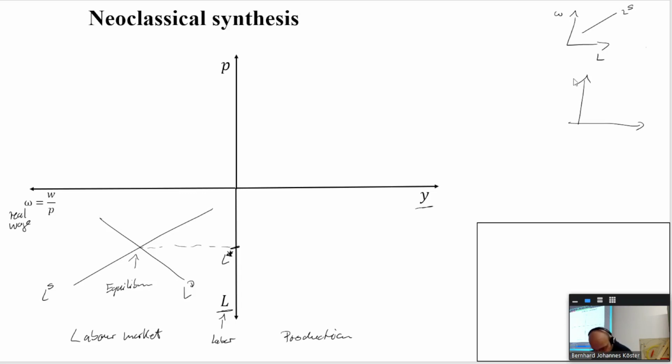Neoclassical production function, L and Y, this right-bending function. But now we have to take production to the right and labor downwards.